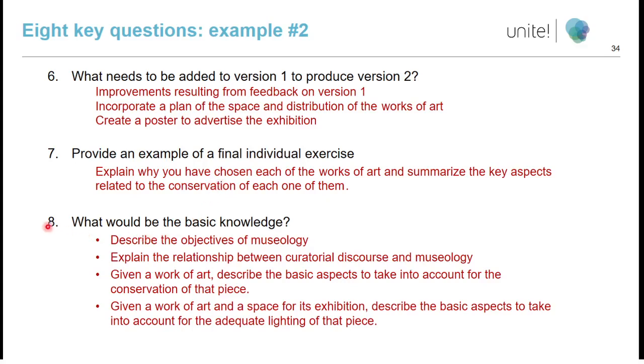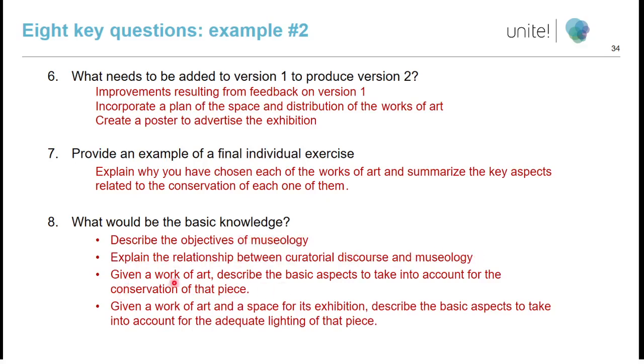Finally, key question number 8: what would be the basic knowledge that the students are going to learn through the project, even though they could have learned it in a book? So these are, for instance, to be able to describe the objectives of museology, to explain the relationship between the curatorial discourse and museology.